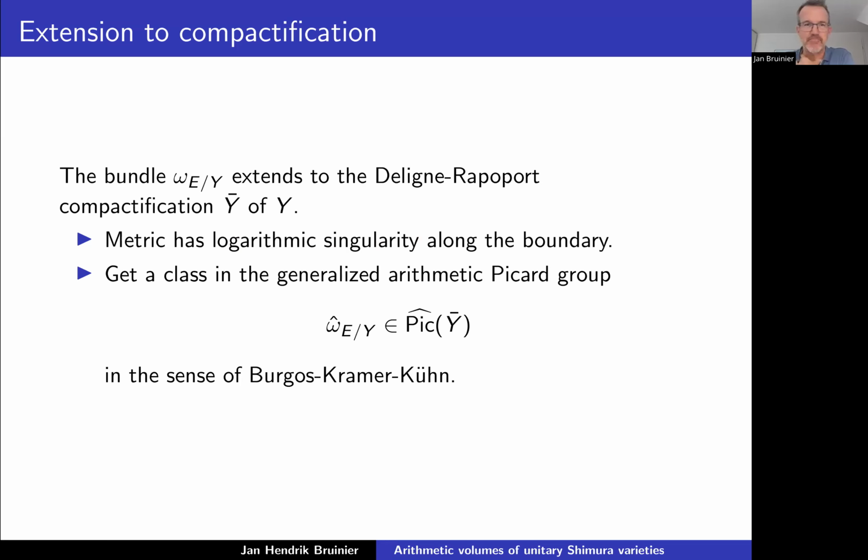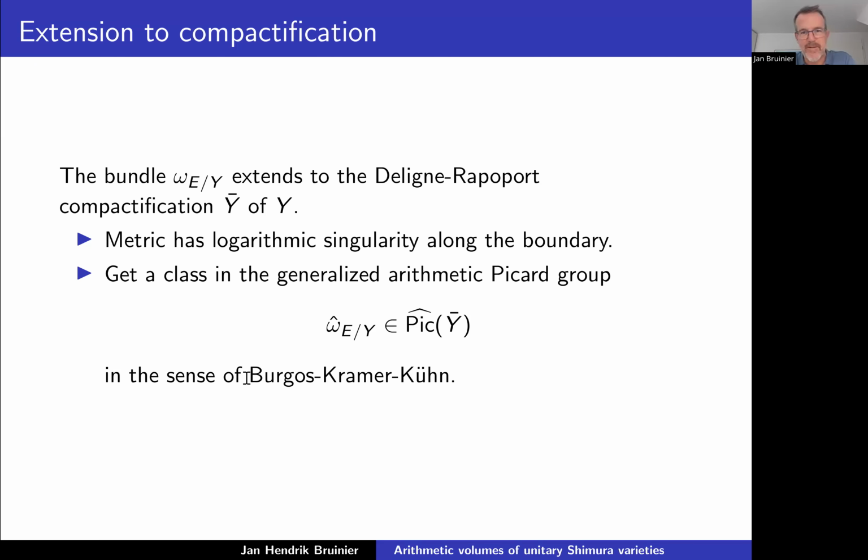And what we get then is, on the compactification, a Hermitian line bundle where the metric is allowed to have mild singularities at the boundary, at the cusps. So here, mild singularities are logarithmic singularities. And in some sense, there's a generalization of this arithmetic Picard group where you allow the metrics to have these mild, logarithmic singularities.